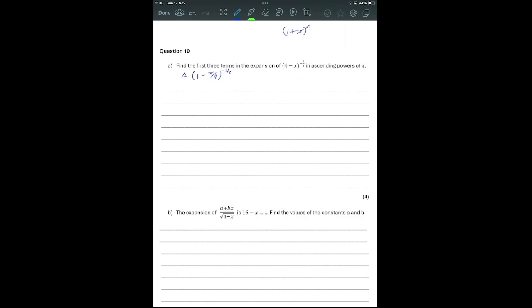But when that 4 comes out of the bracket, the power of the bracket still impacts it. So it's really 4 to the negative a half as it comes out. So we factored out the 4, but we need to acknowledge the fact that that power still has a say. And you can do 4 to the negative a half in your calculator, or just realize it's 1 over the square root of 4.